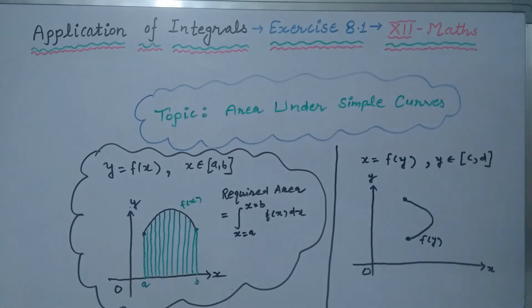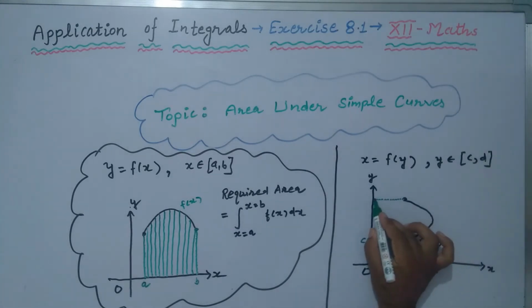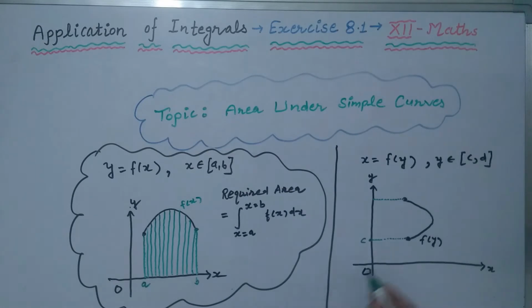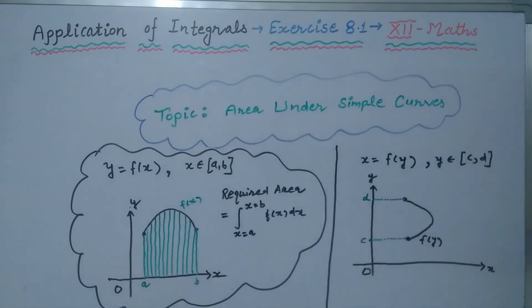Again, from the initial point we draw a perpendicular on the y-axis, and suppose from the origin to this point the distance is c units. Similarly, we draw a perpendicular from the terminal point of the curve on the y-axis, and suppose from the origin this distance is d.